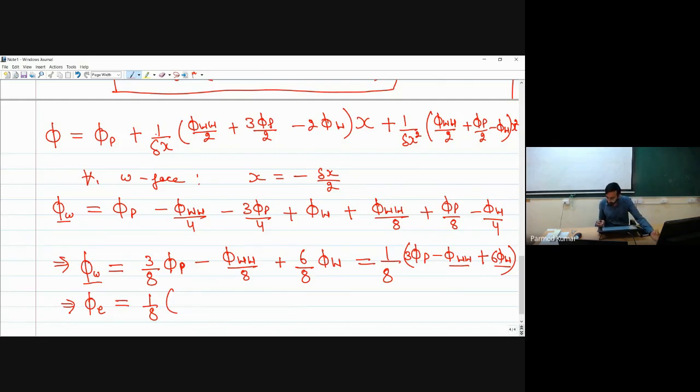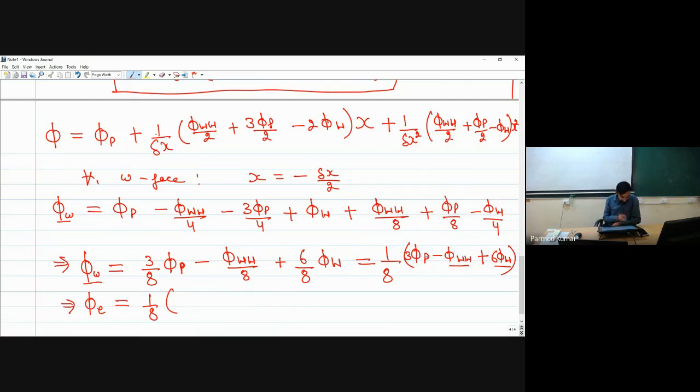So phi WW and phi W are the nodes in the upstream of face w, and phi P is the node in the downstream. So when we are considering this quadratic upwind interpolation, we are considering two nodes from the upwind side and one node from the downstream side.